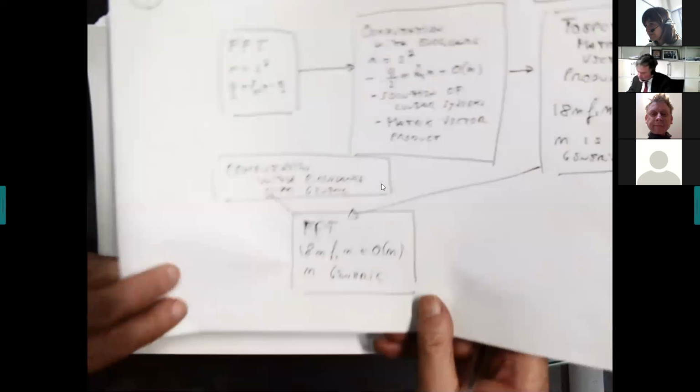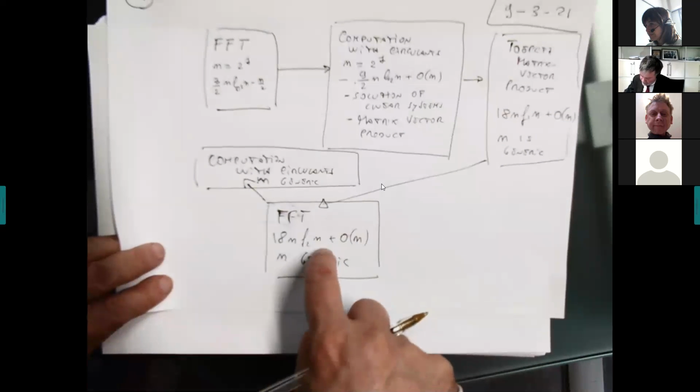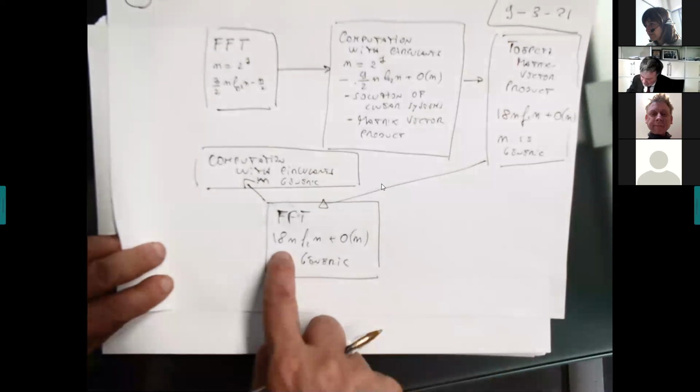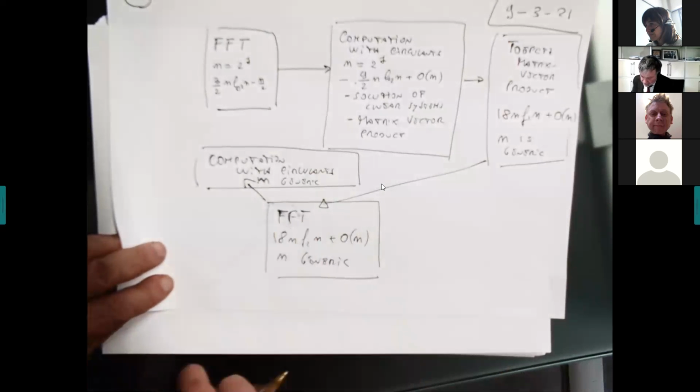So we are trying to answer the last question, because when we have this, of course with the circulants you can do everything in n log n once you have the FFT. Okay.